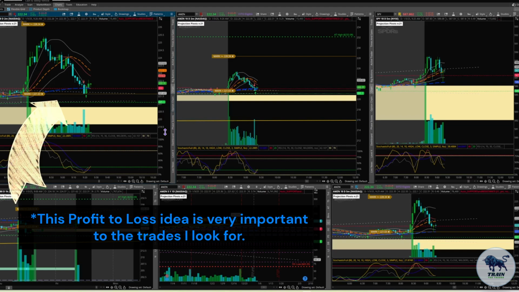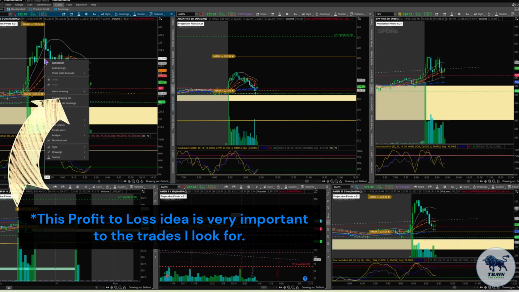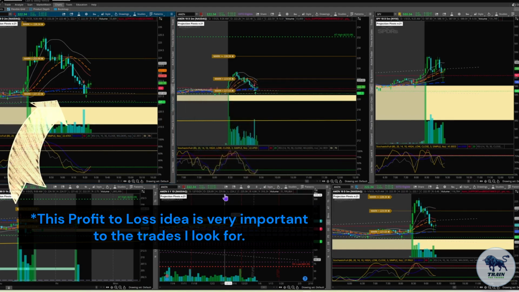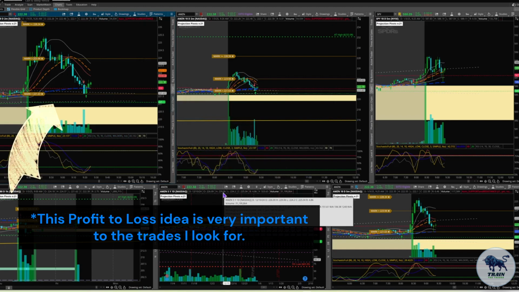If it gets to that part that I just marked, then I stop out. Here's my take profit, probably right around here, right there, 223.94.